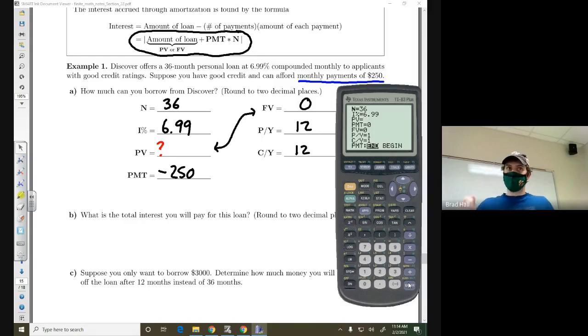It demands a number. It has to have a number. So I always put a placeholder 0 just to shut the calculator up. That's why I'll put this little notation of parentheses with a 0, just a 0 placeholder. So now you can move around and you can come back to it later. PMT is negative 250, FV is 0, and P over Y, C over Y are both 12.